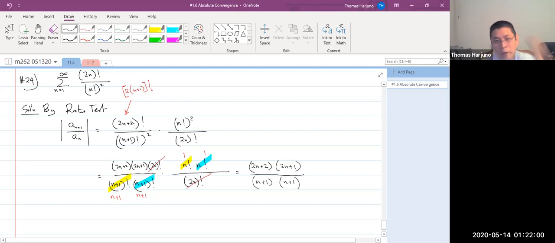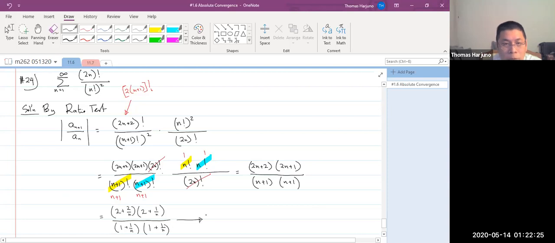Divide the top and the bottom by n squared. That equals 2 plus 2 over n, 2 plus 1 over n, big over 1 plus 1 over n. You can FOIL that first and then divide by n squared, but I happen to see the pattern.